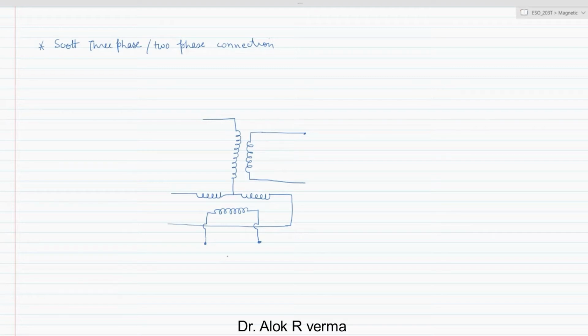Now let us mark the values. Suppose this is IA, this is IB, and this is IC.